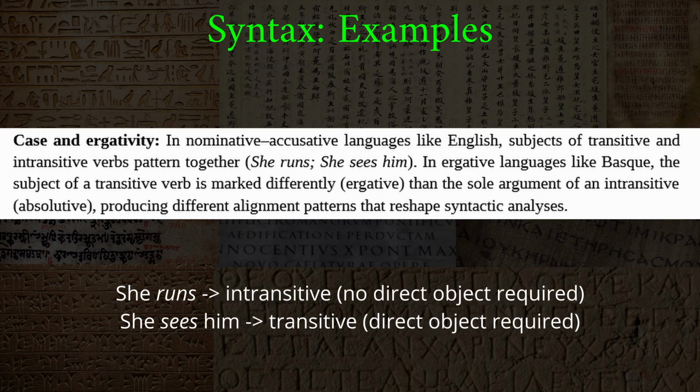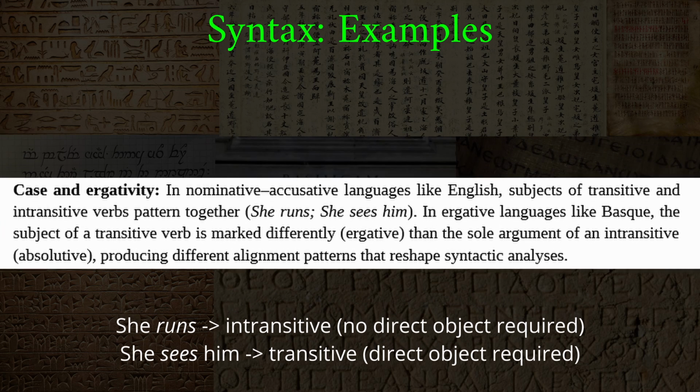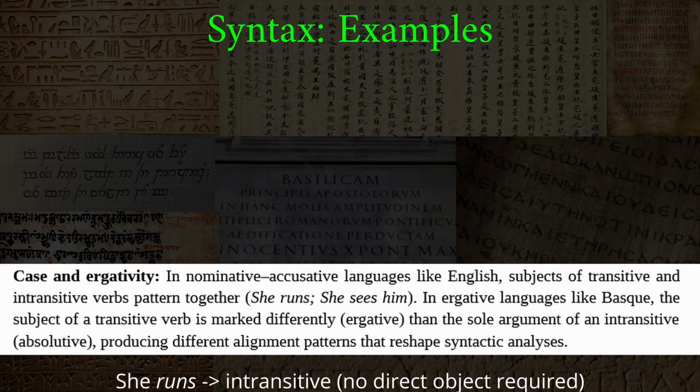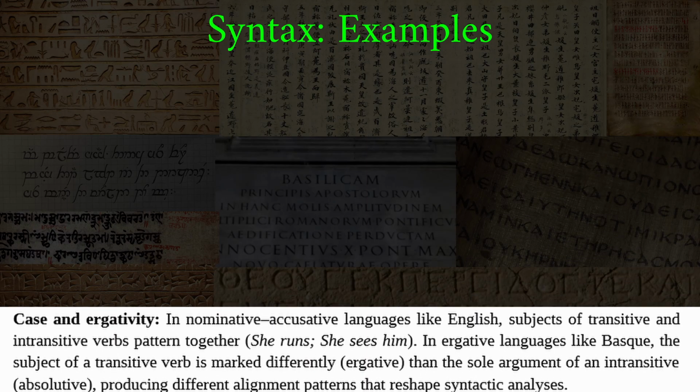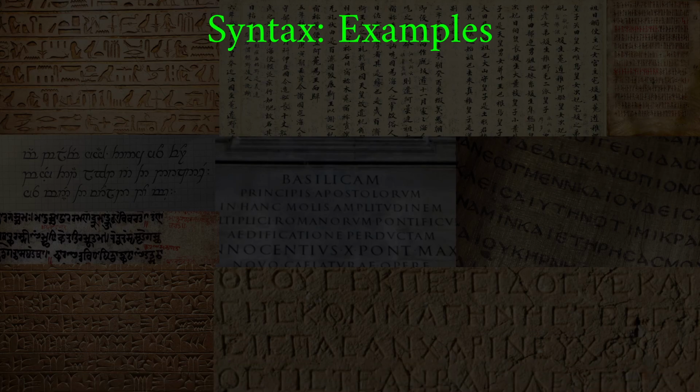In ergative languages like Basque, the subject of a transitive verb is marked differently, ergative, than the sole argument of an intransitive, aka absolutive, producing different alignment patterns that reshape syntactic analysis.